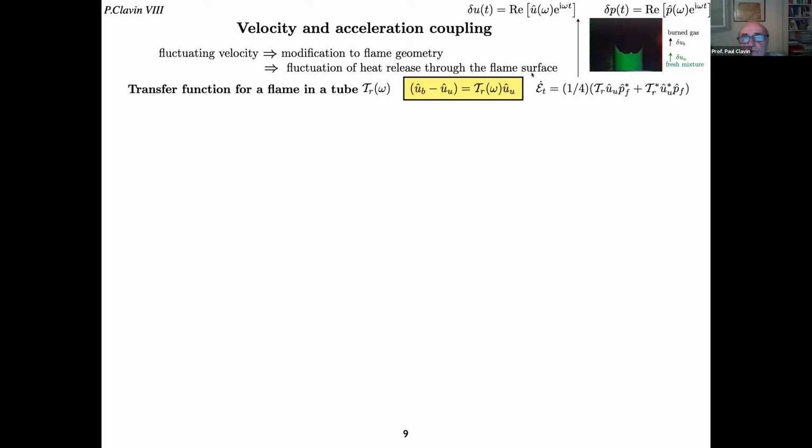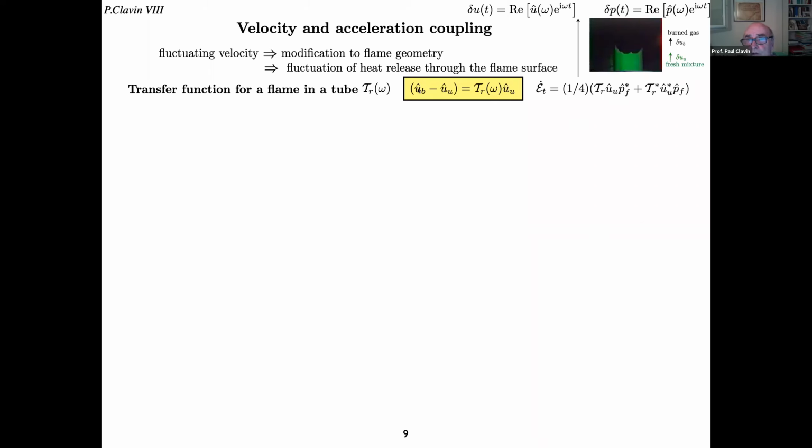So you define the transfer function relating the fluctuation of the velocity on one side to the difference of velocity. It's clear that if there is no difference of velocity, you have just a flame that is moving back and forth without injecting energy in the acoustic.